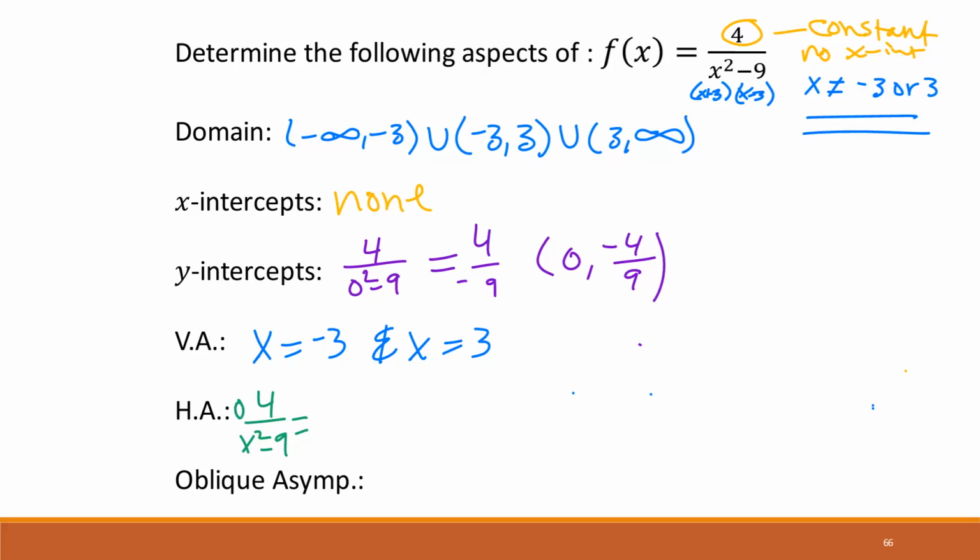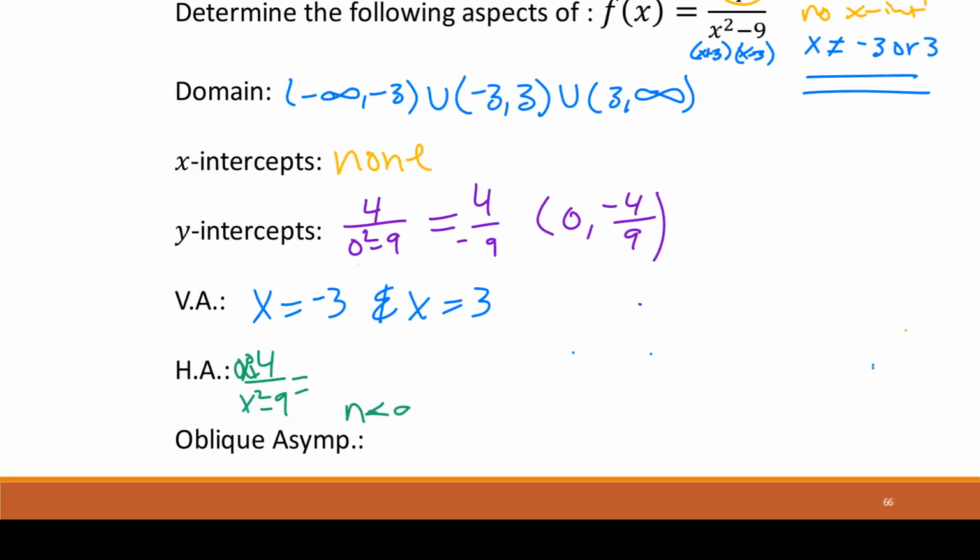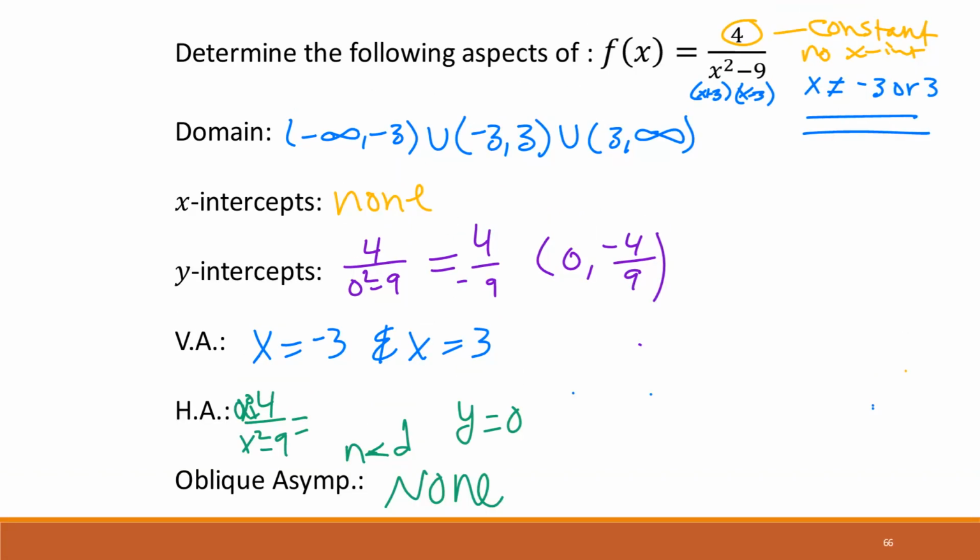There is a 0x up here to the 0 power. And so 0 is less than 2. So since n is less than d, our numerator less than our denominator, that means that our horizontal asymptote is y equals 0 according to our rules, which means there's no oblique asymptote.